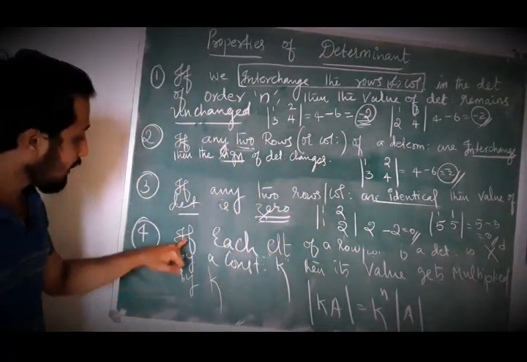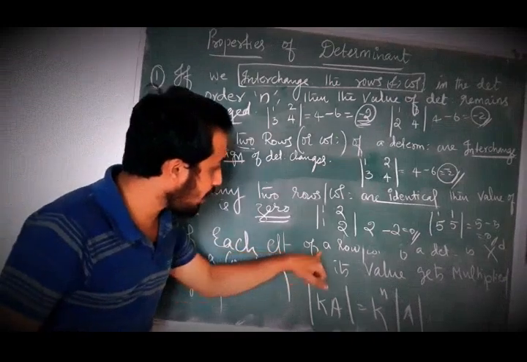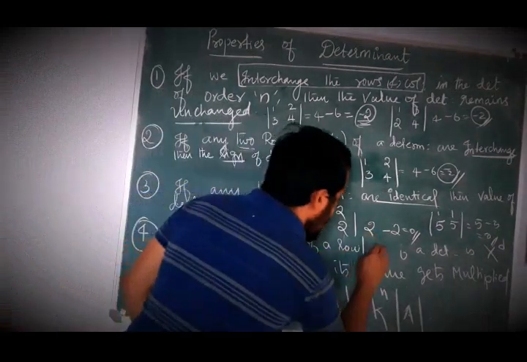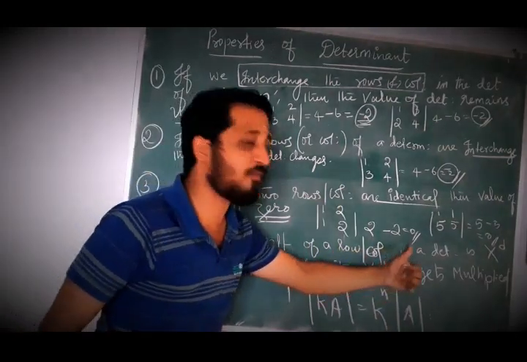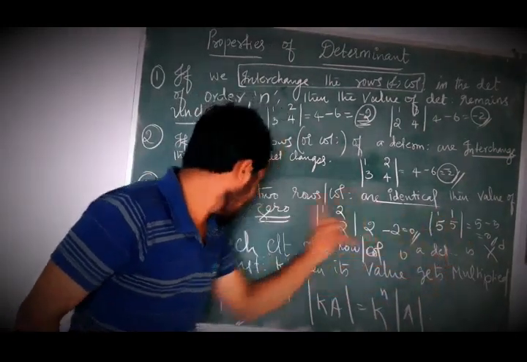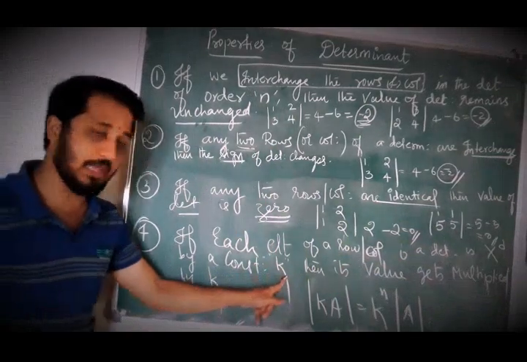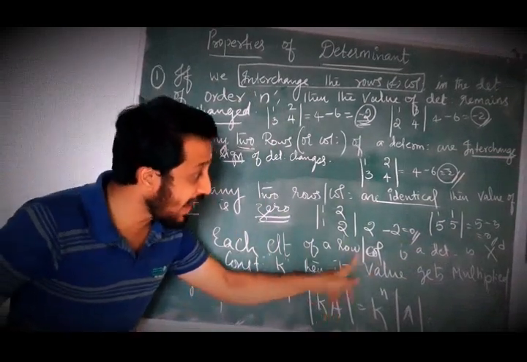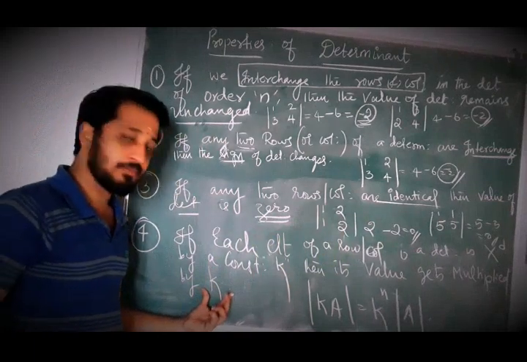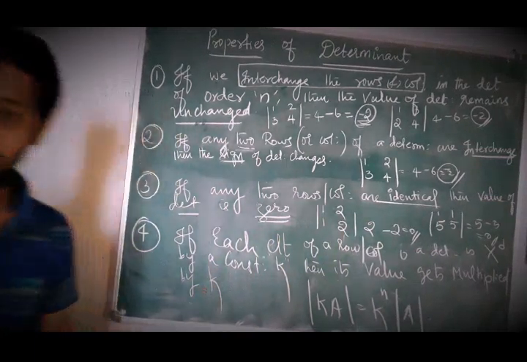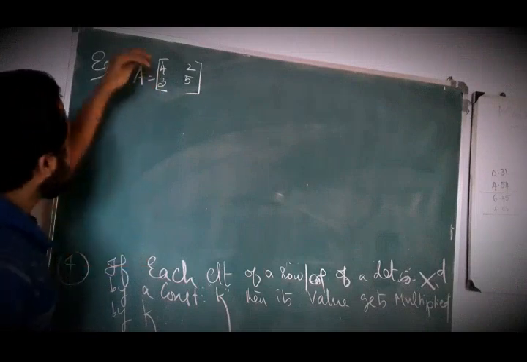Now the fourth one: if each element of a row or column of a determinant is multiplied by a constant k, then its value gets multiplied by k. For example, listen.